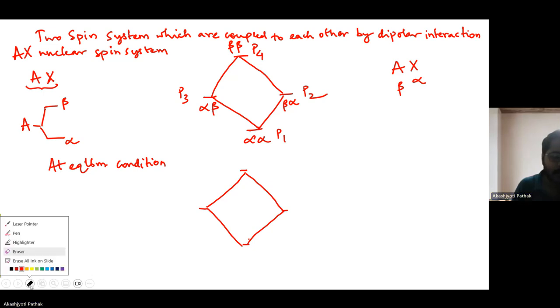So now what is the population in each of these energy states?